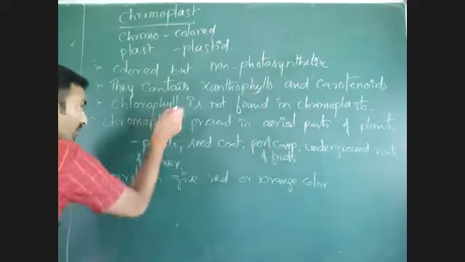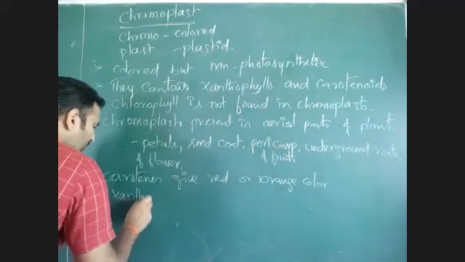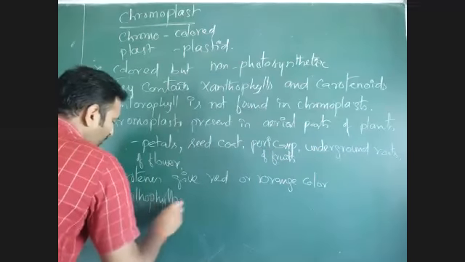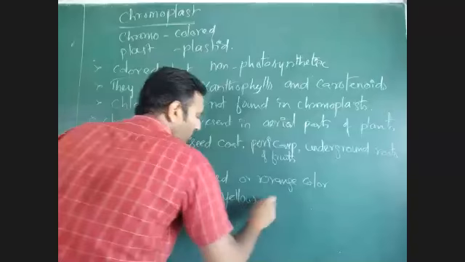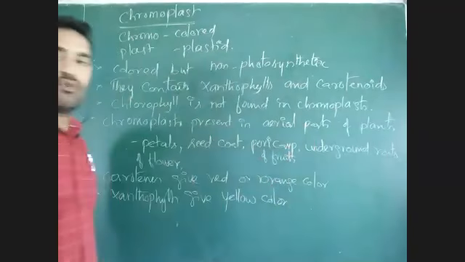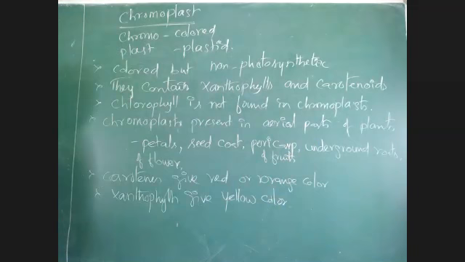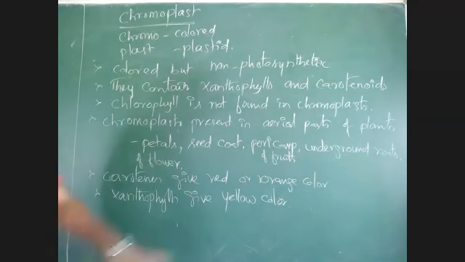The next pigment present here is xanthophyll. Xanthophyll gives yellow color to plants. That means xanthophylls are yellow in color, carotenoids are red or orange in color.